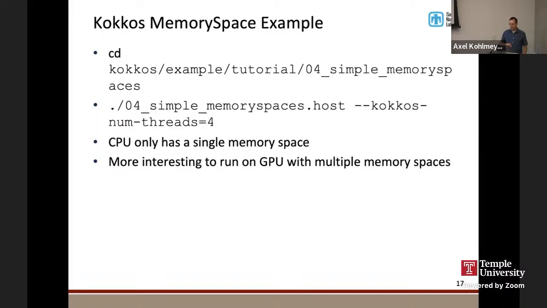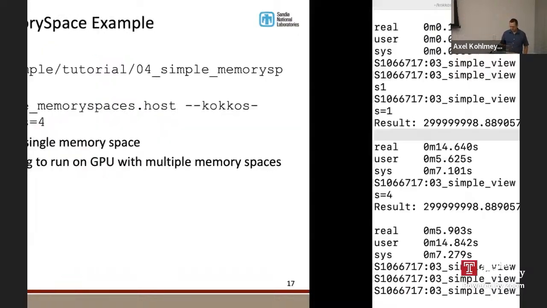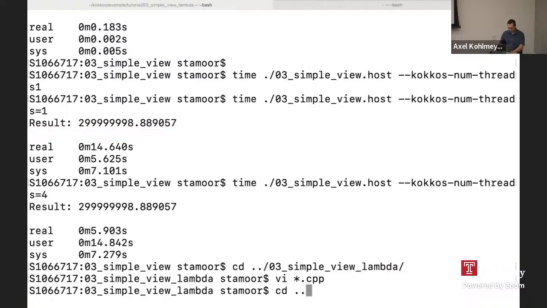You can also do a shallow copy from a managed view to an unmanaged view. Unmanaged doesn't have reference counting, because if you don't want to reference count inside a parallel loop, you can have some overhead. So an unmanaged view gets rid of that overhead. We'll talk more about it. Okay, so now we're going to look at the simple memory space example.